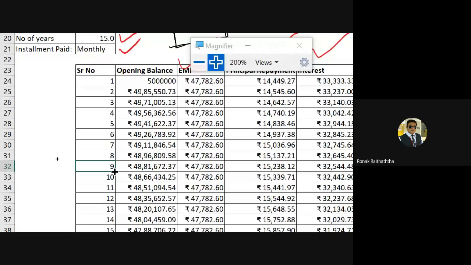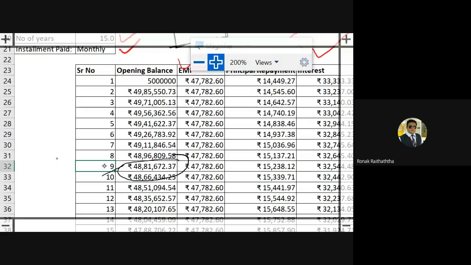Then in your opening balance, this 10 lakhs rupees would be reduced, and your opening balance would be 3881,672. That would be pending for the remaining periods. So this would be the new loan amount, on which the new EMIs will be given. Is it clear? So two options can be there. Either you can reduce your time period for the remaining amount of loan.